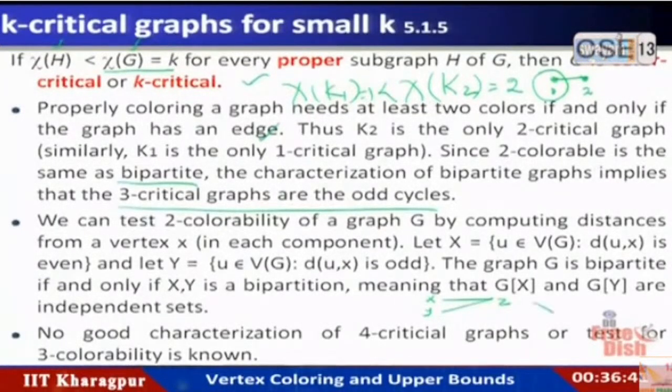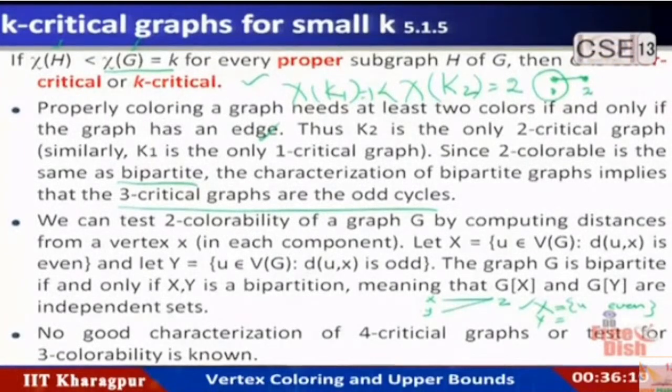So capital X and capital Y are the 2 big sets which we have obtained. All the vertices U which have an even parity distance from X form the X set.